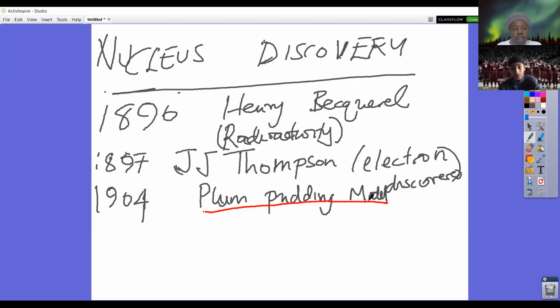Essentially, at the time they didn't really know much about the nucleus, so they wouldn't have been proposing a nucleus in the model. But because they knew about electrons, and they had the concept of the law of conservation of charge, of things needing to be overall neutral, they had an awareness that something in there must be positively charged.